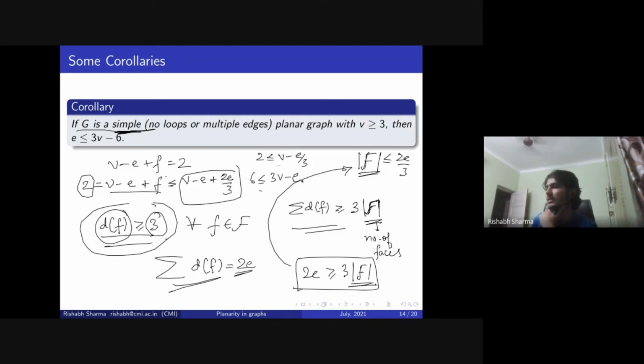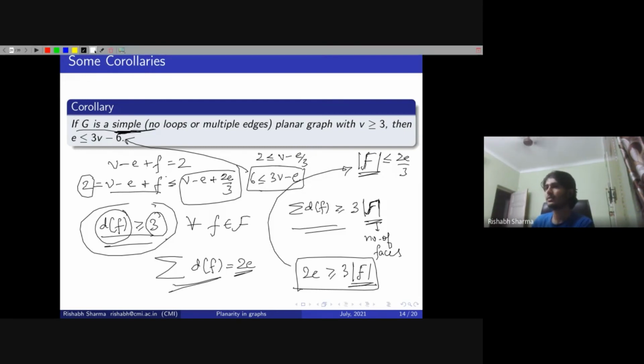I'm just multiplying by 3 on both sides. And this is the same as the inequality we wanted. Okay. Are there any doubts? Also, if you can't understand my handwriting, let me know. I think it should be correctable.